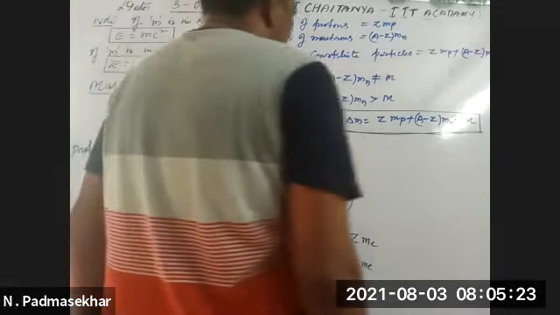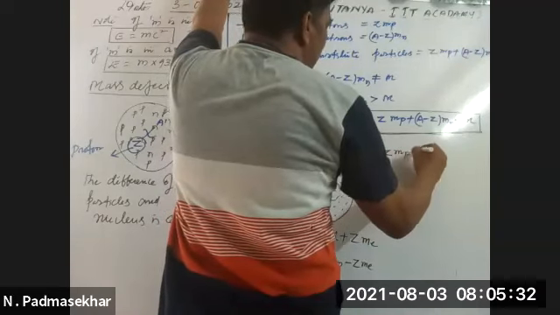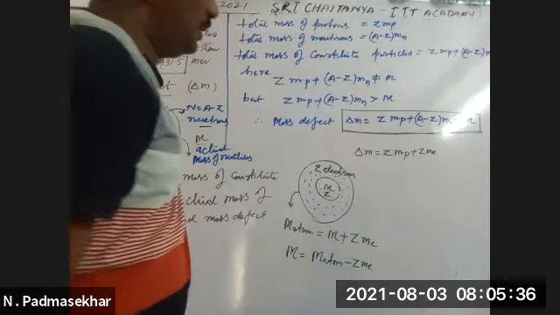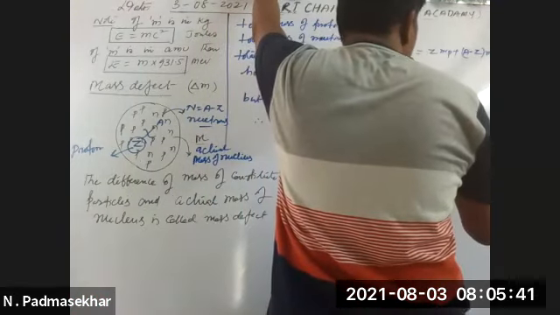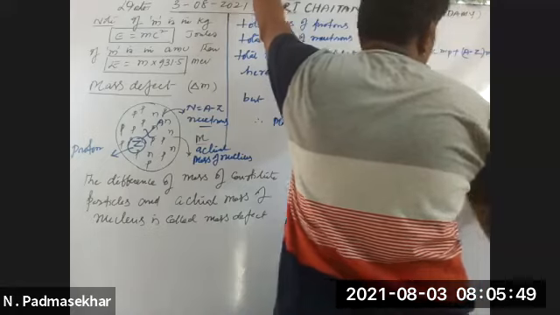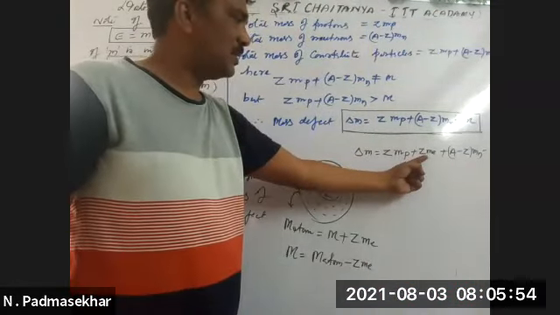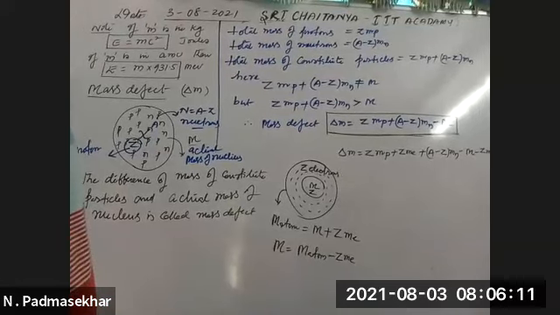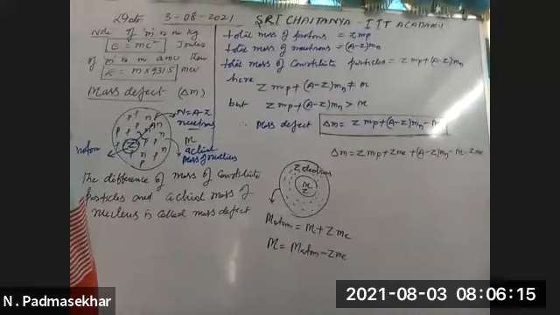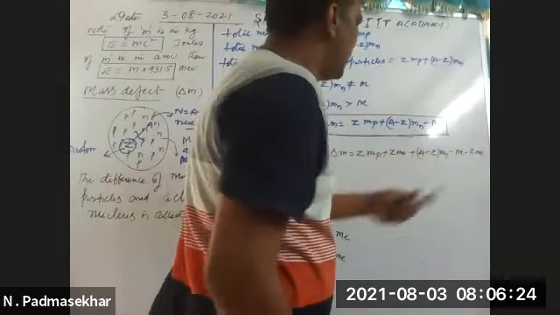To make this easier, I write delta M is equal to ZMP plus ZMe plus A minus ZMN minus M minus ZMe. I haven't really changed anything here: ZMe is added, and ZMe is subtracted.